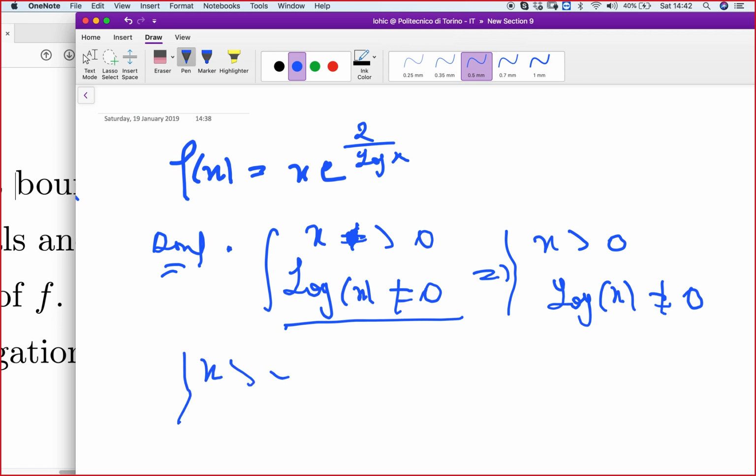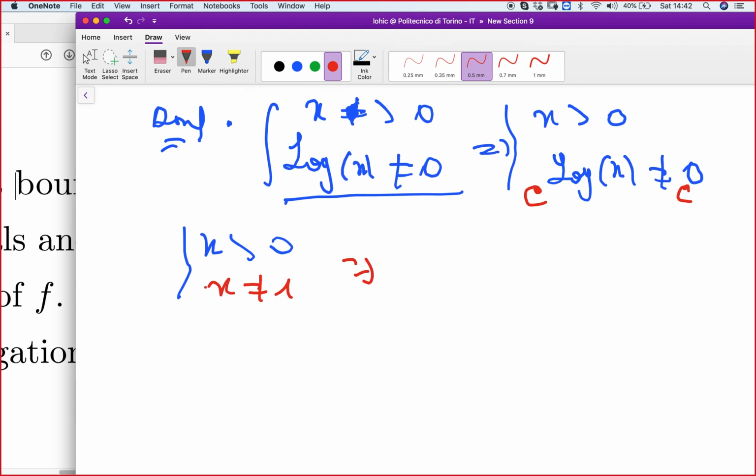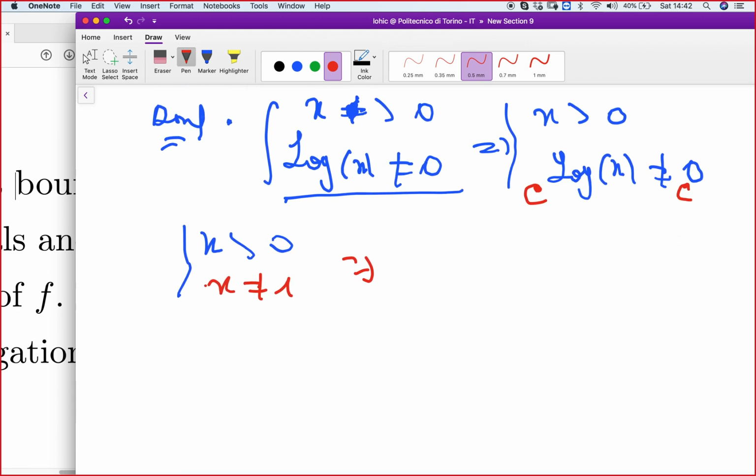This gives x greater than 0, and applying the exponential on both sides gives x should not be 1. So these are the two conditions. x should be greater than 0 and x should not be 1.